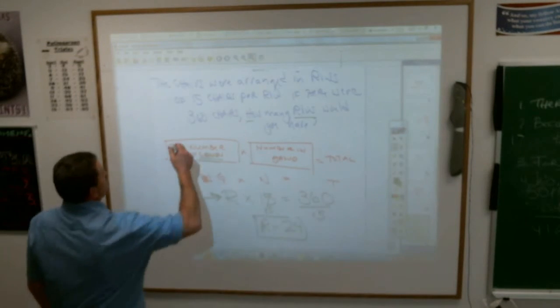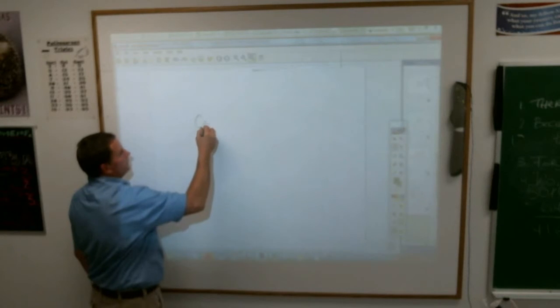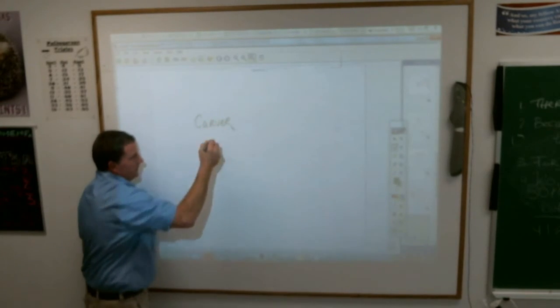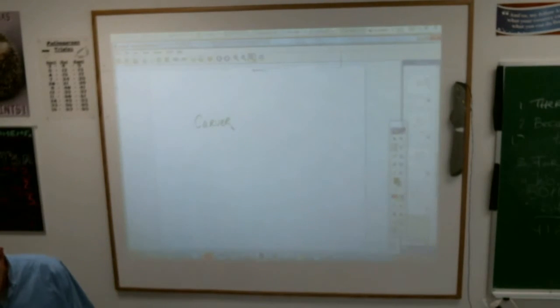Write this one last problem down. Carver, which apparently is somebody's name. I didn't make it up, it's right under the book.